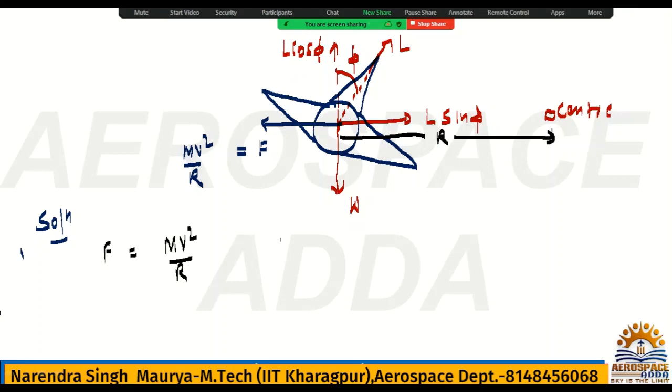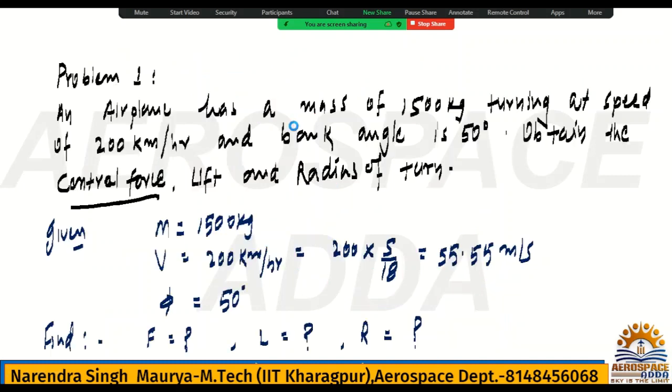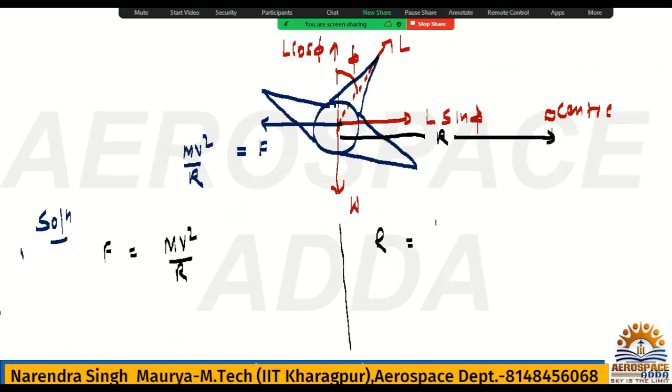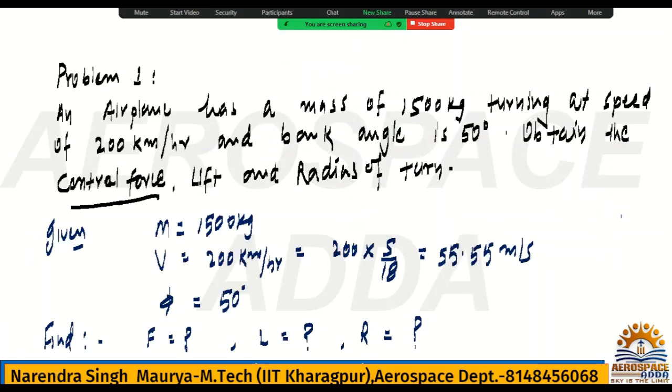So check the radius of turn formula. R in terms of the banking angle is V square by g tan phi, right? So we'll write this formula and calculate. V is 55.55 meter per second, g is 9.8, tan of the angle given, which is 50 degree.